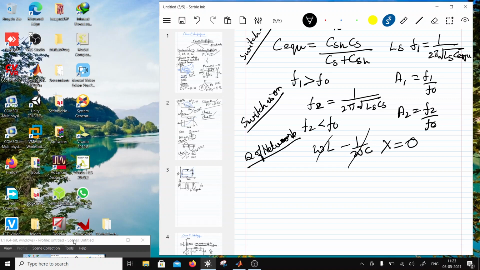That assumes that f1 is very close to f0 and f2 is very close to f0. That happens only when the Q is infinite. So when you say it's an ideal Class E, the equations which were written in that paper in 1975 were keeping in mind not an infinite Q but a finite Q. Otherwise the solution will not work.